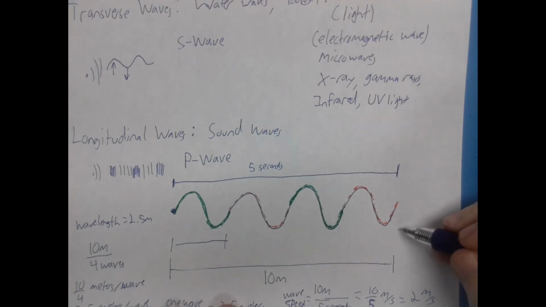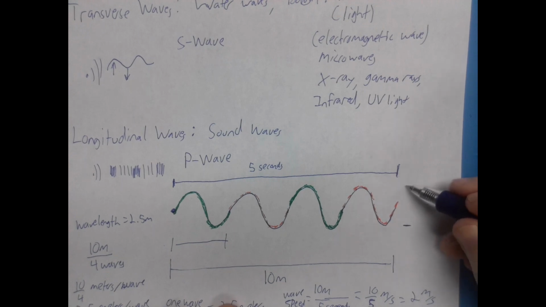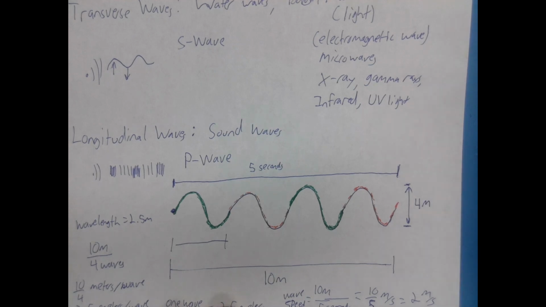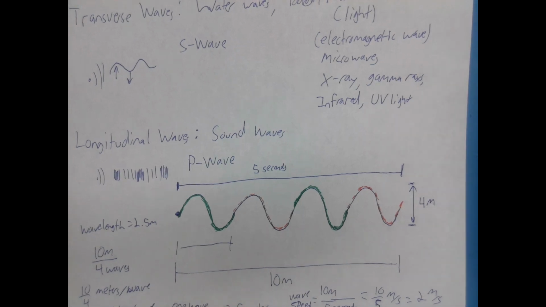Let's say that the height difference between a trough and a crest is 4 meters. What would be the amplitude of this wave?